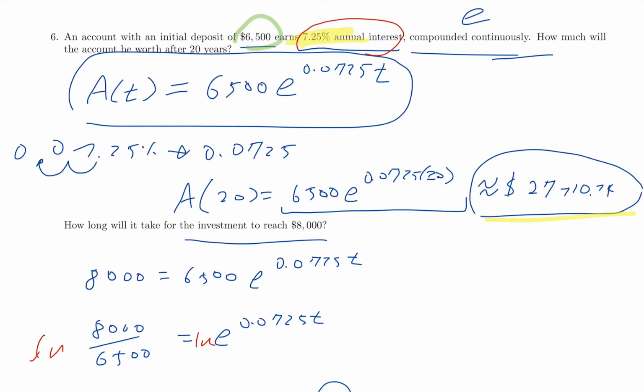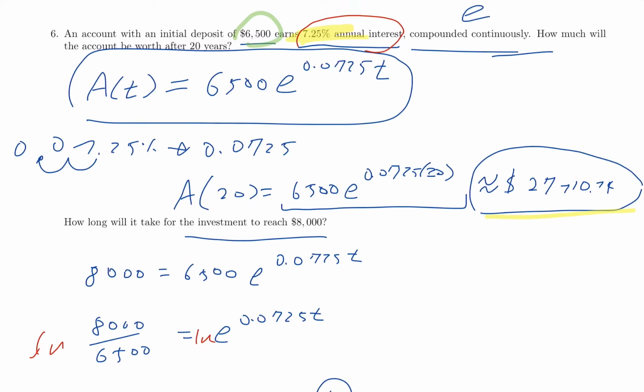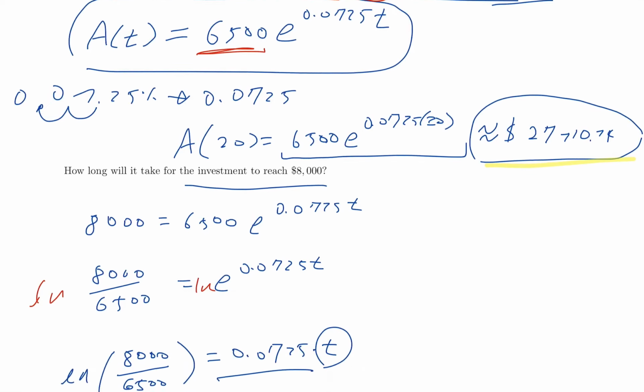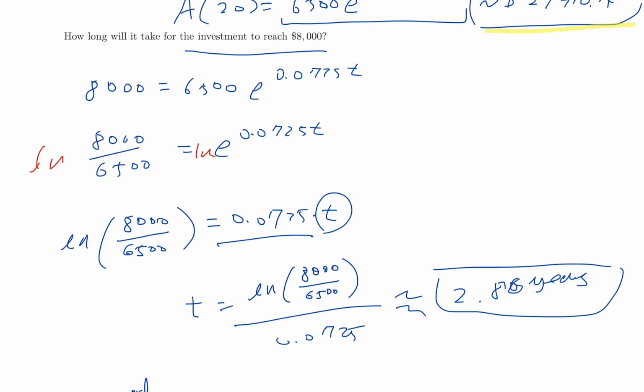But we're just focusing on the calculation to see how the money grows. So essentially, if you can find a stock market investment or retirement fund that has an annual interest of 7.25%, just bring $6,500 in your account. In 2.86 years, you make $1,500 more from what you started, reaching $8,000.